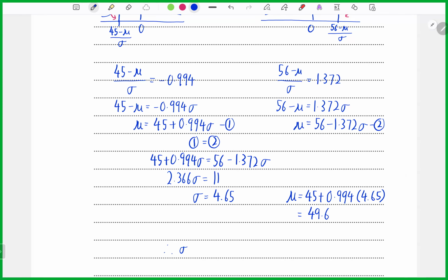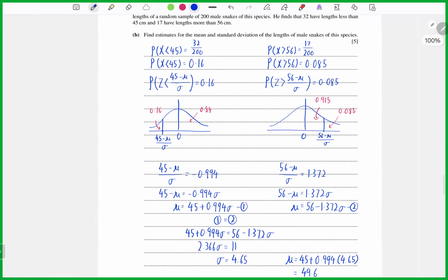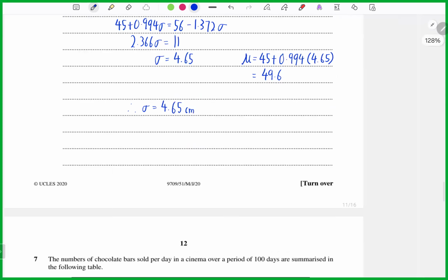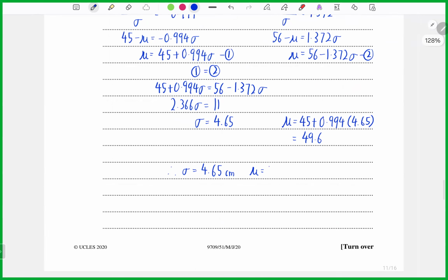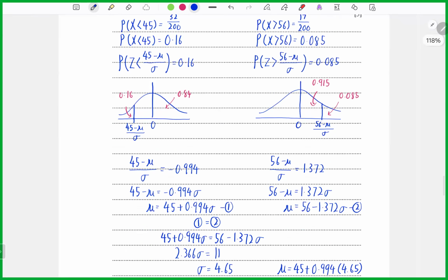So you will get the answer: standard deviation is 4.65 cm, and the mean is 49.6 cm. So this is your answer here.